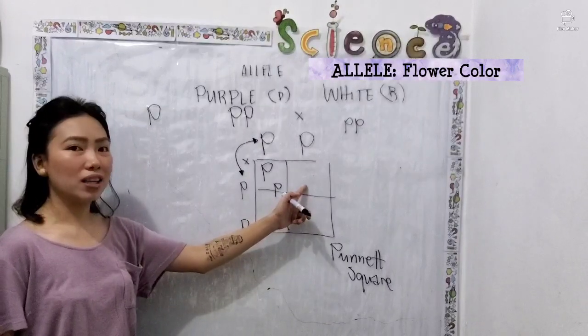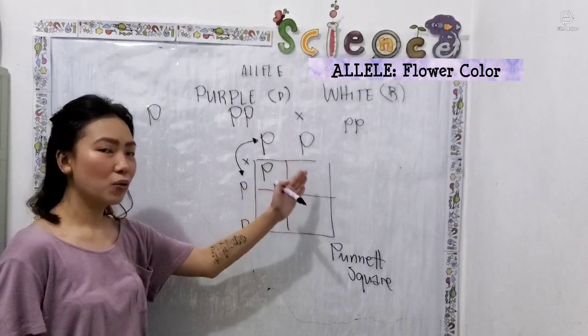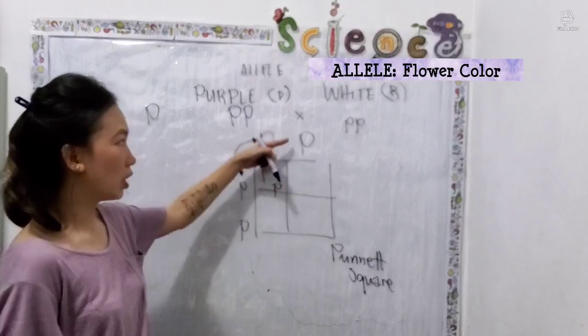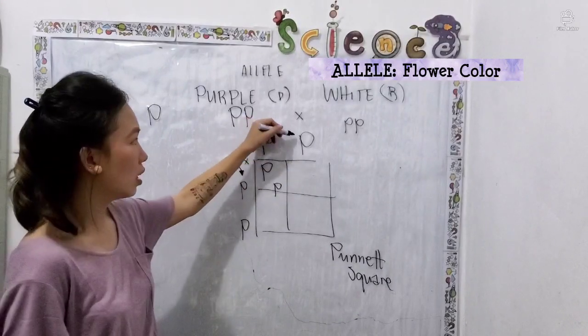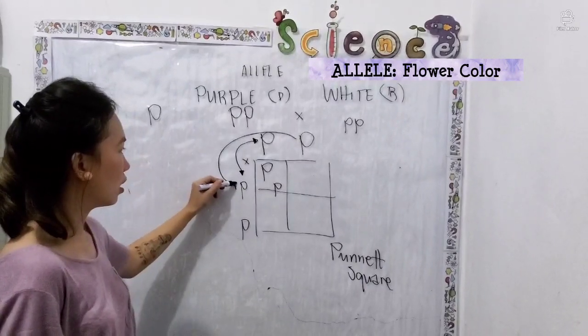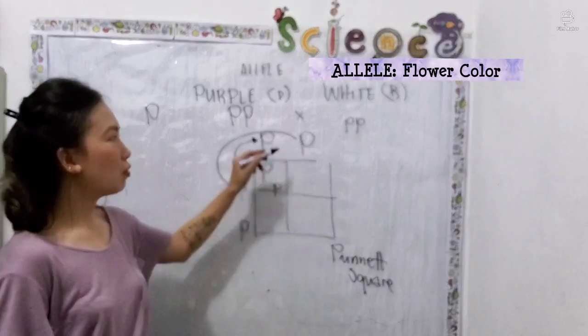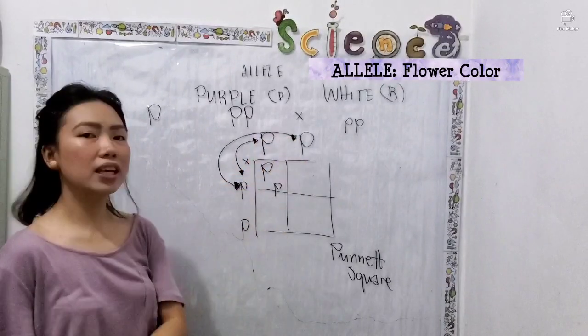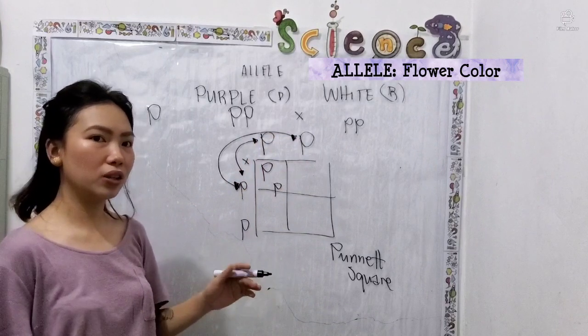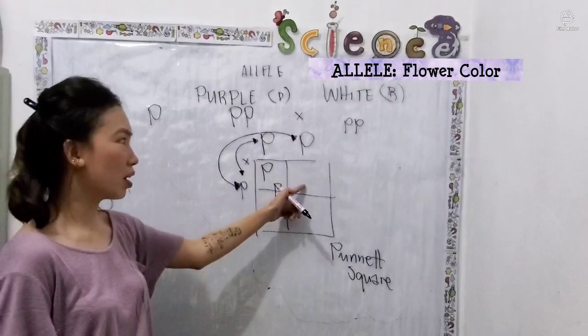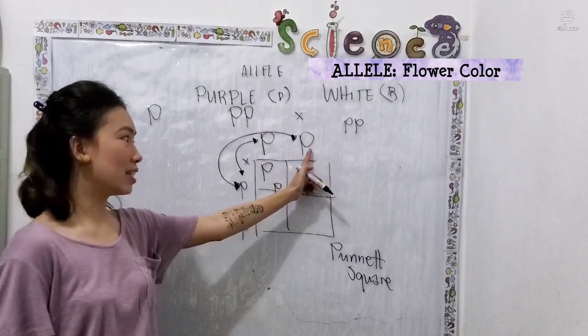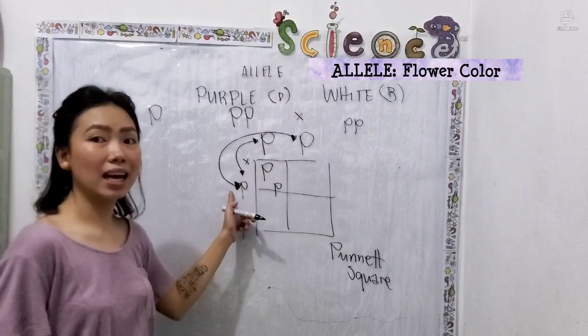For the second box, sa katabi, we will have the cross between this one and this one. Now, if you would notice, yung cross na ginagawa natin is according to the arrangement of the box as well as yung kapantay niya sa taas at sa tabi.